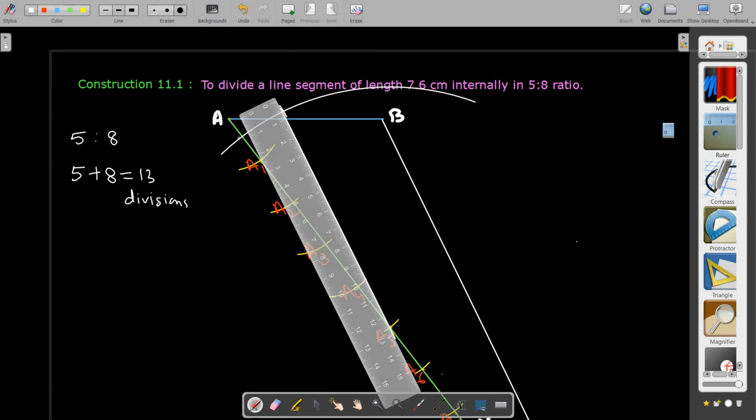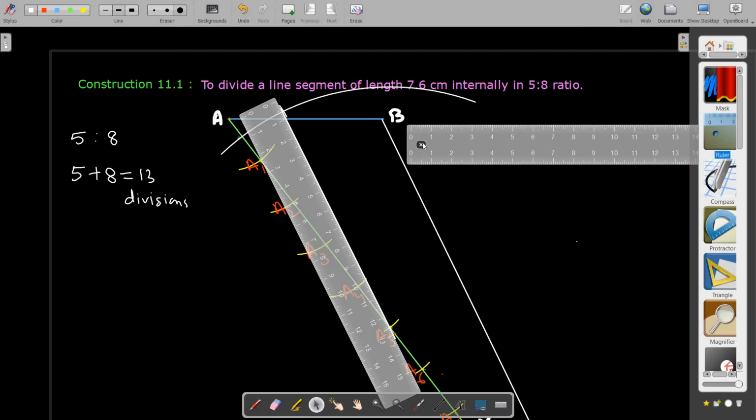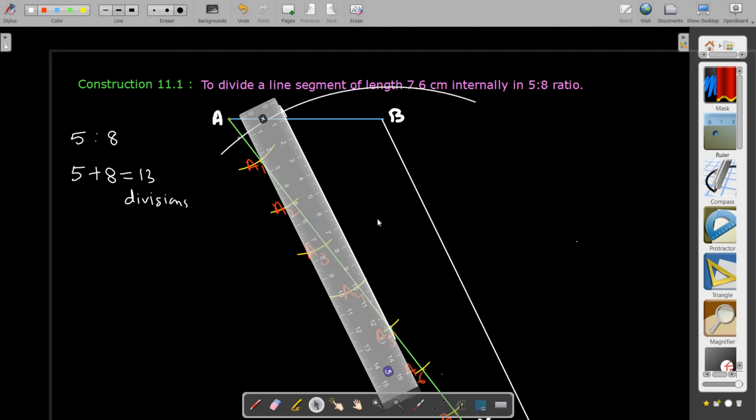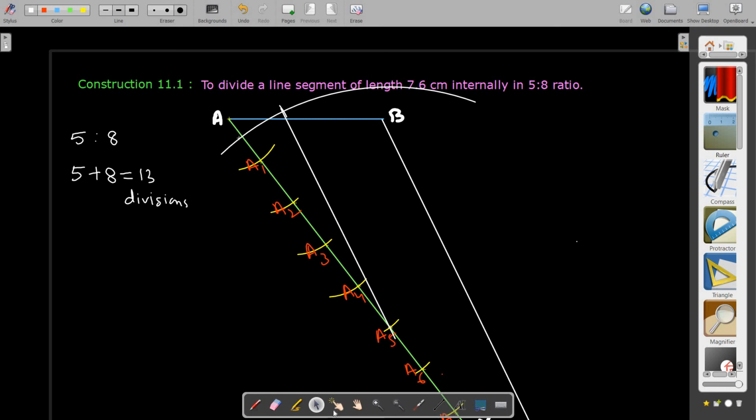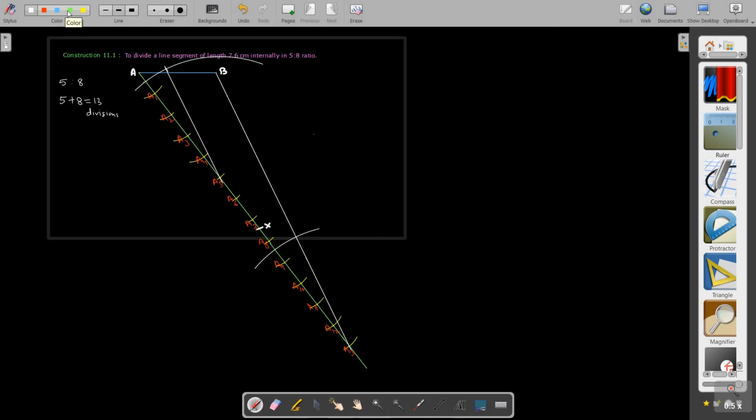I'll use this procedure, and this construction is quite long, so I just zoom. The parallel line intersects line segment AB. So I just take a thicker pen, and this point is C. So point C divides AB in 5:8 ratio.